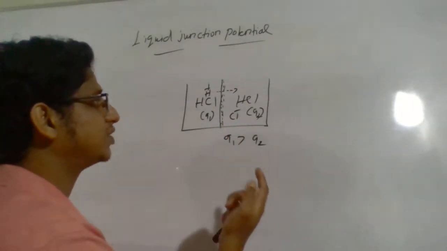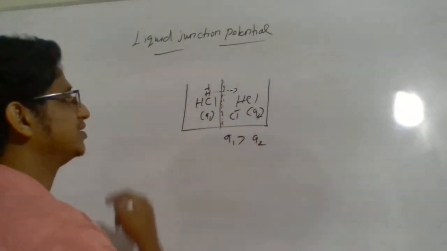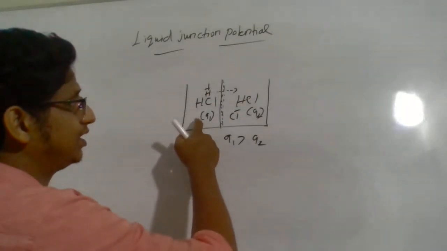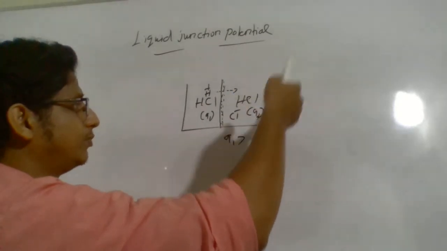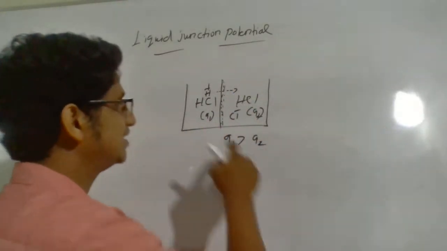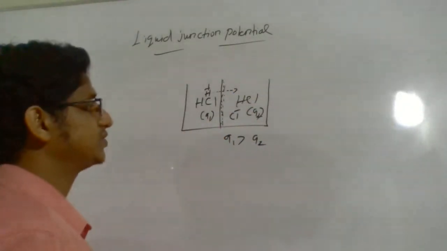Similarly, Cl minus ion moves from a2 to a1. So here you will see this will be negatively charged, or where H plus ion is moving more, Cl minus will be higher here. So this is the case.